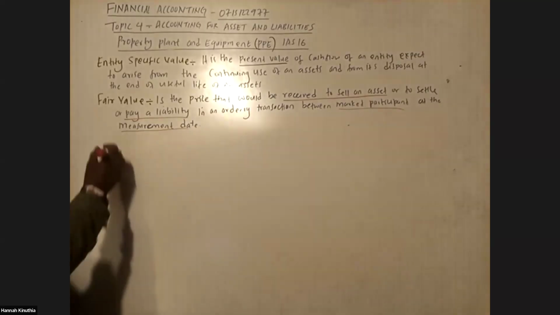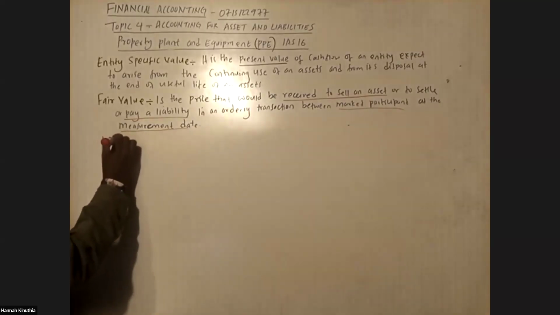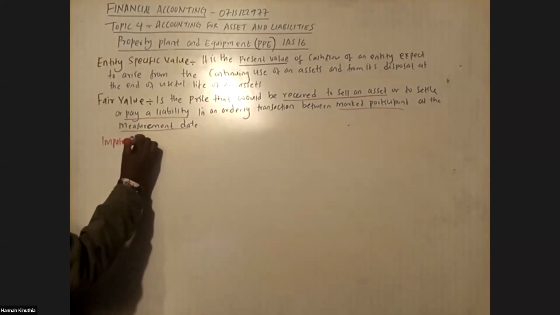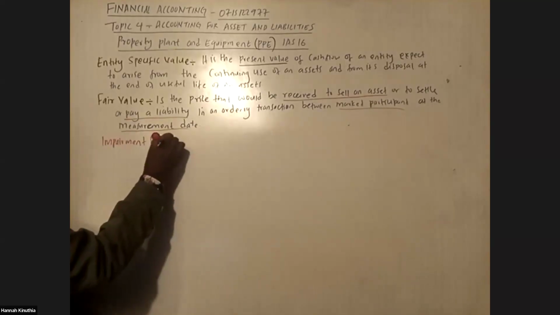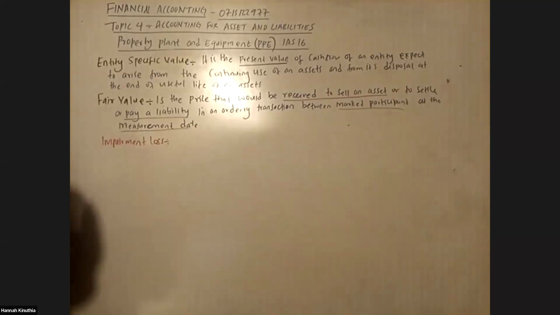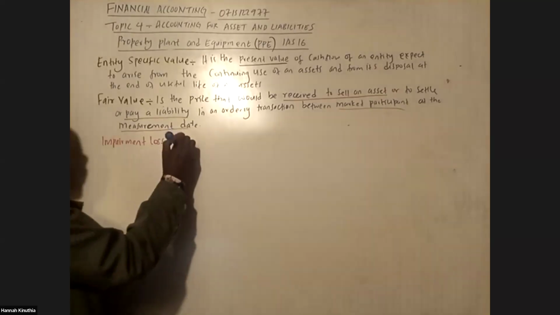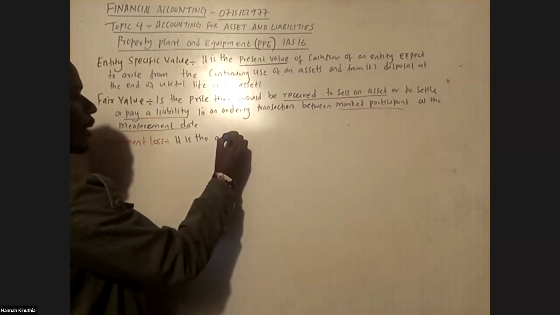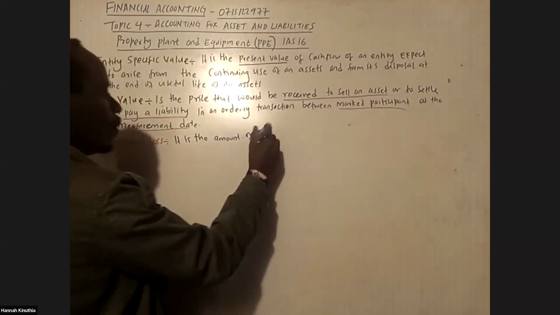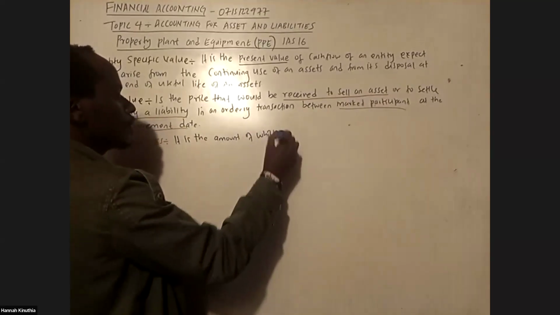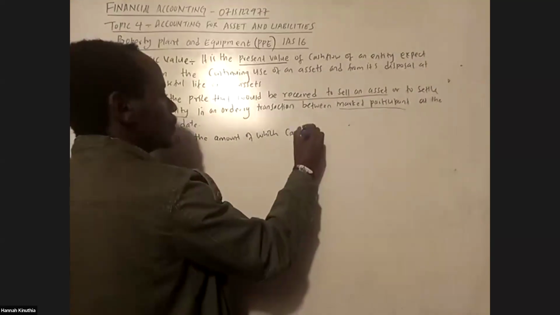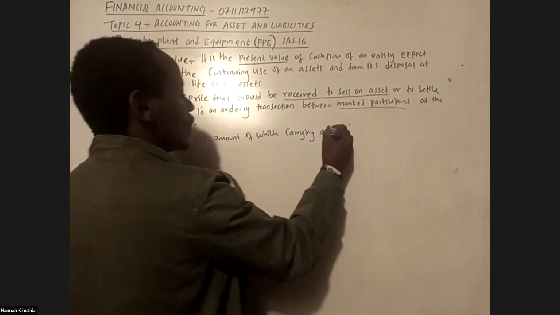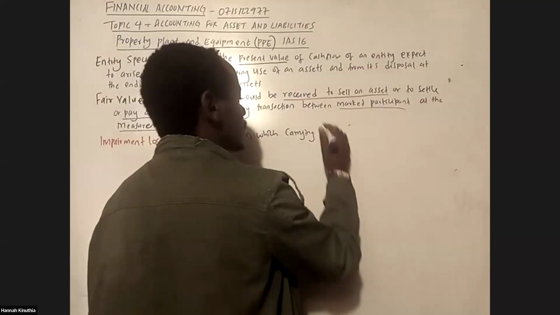Impairment loss. So what's an impairment loss? It's the amount by which the carrying amount of an asset exceeds the recoverable amount.